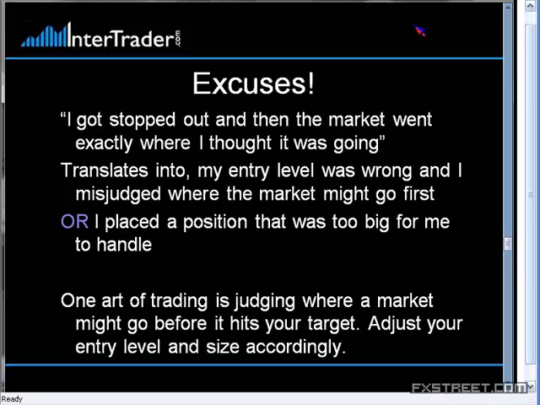So the more you control that, and the more you get into this art, which trading is an art, of judging where the market can go before it hits your target, then adjusting your entry and your size accordingly, this is what's going to make you a successful, consistent trader. These things put together, when you do it, it's a very, very powerful thing. The excuses we have to keep to a minimum.